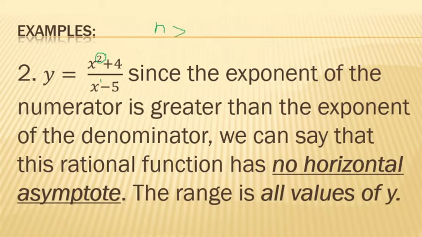So, n is now greater than m. Therefore, ang sabi kanina, kapag n is greater than m, wala tayong horizontal asymptote. Ibig sabihin, lahat ng values ng y madadaanan. Meaning, the range is all values of y.